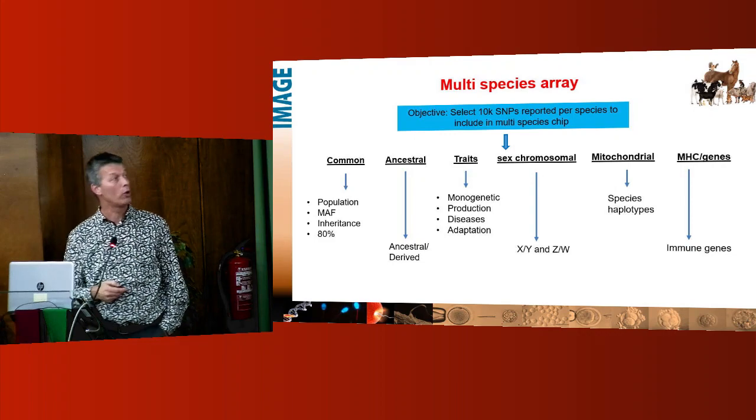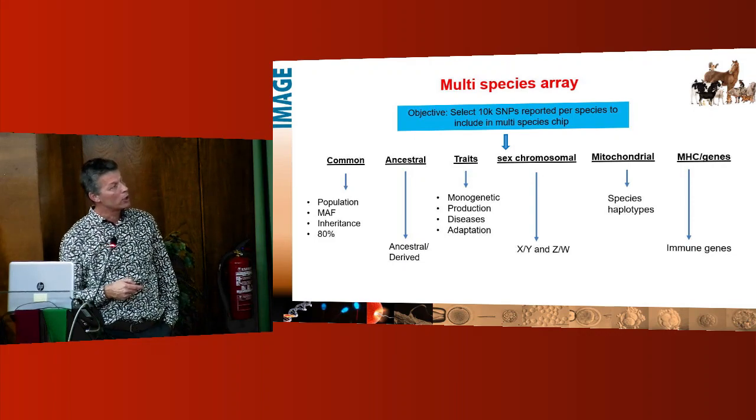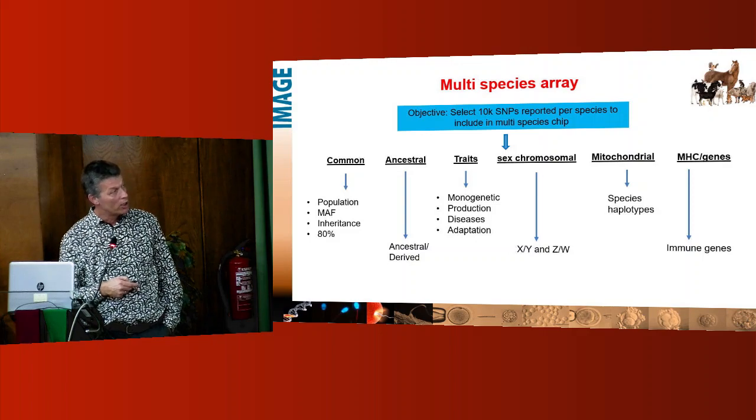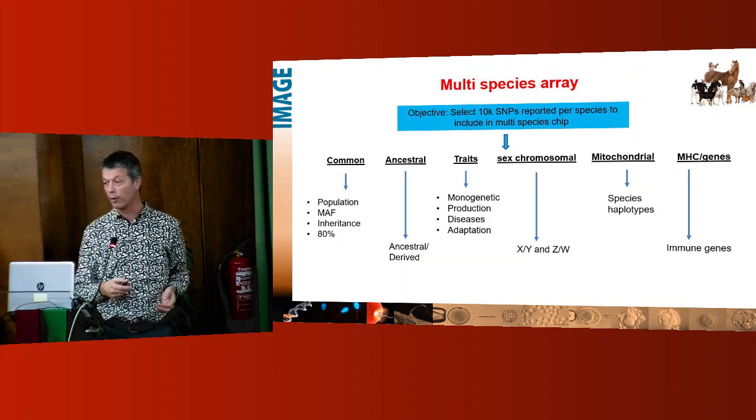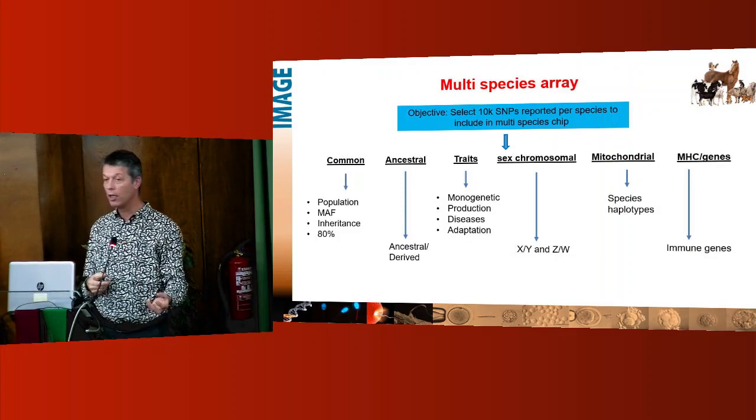Traits, which is quite important. In many cases we focus on monogenic traits, but also production, disease, and adaptation. For adaptation, that's the work, for example, that Paolo told about on the genes they discovered.